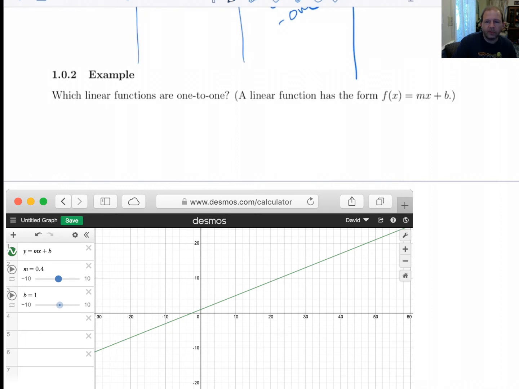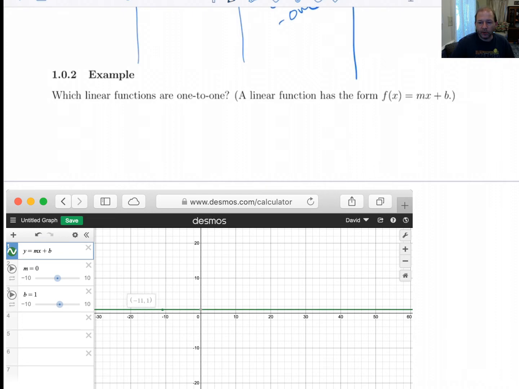The only time that we wind up with something that's not one-to-one is here, when the slope is 0. Because notice, every point on that line has the same y coordinate. In this case, it's 1, but whatever it is, it's going to be your b.